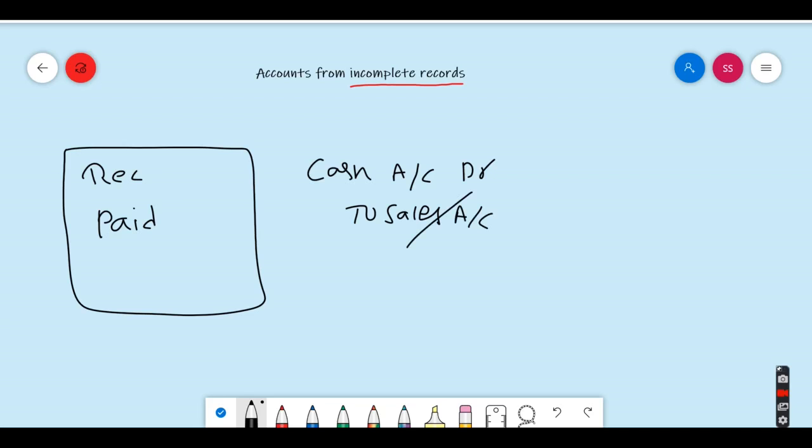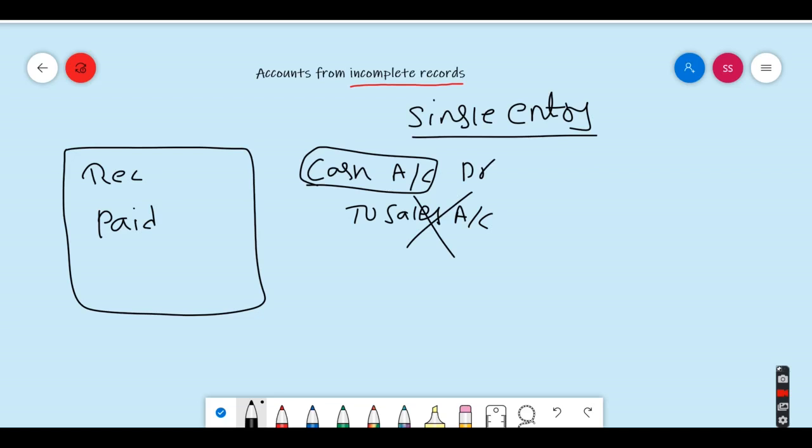They won't maintain both accounts, they will maintain only one account. So that's why we call this single entry. Instead of maintaining the double entry system, they will maintain only a single entry system.